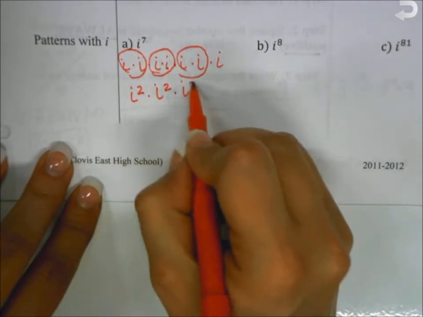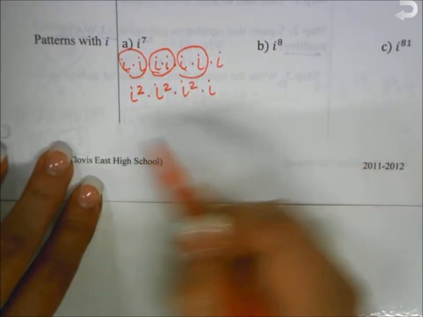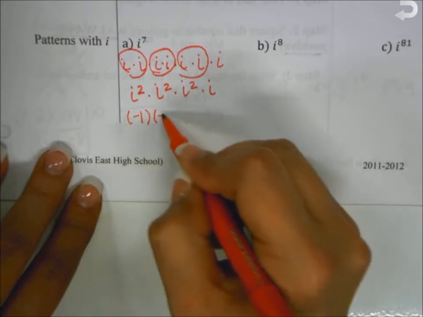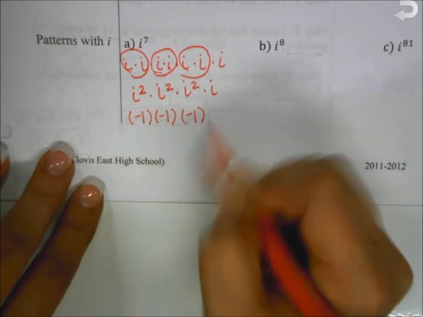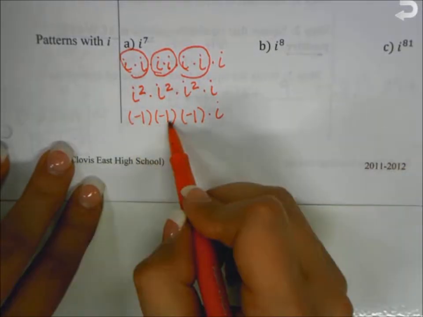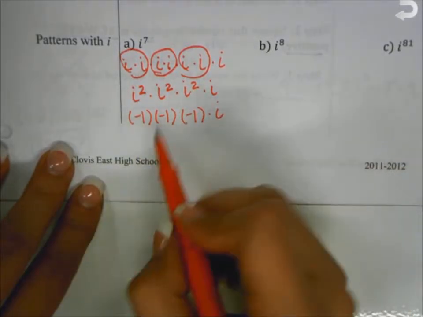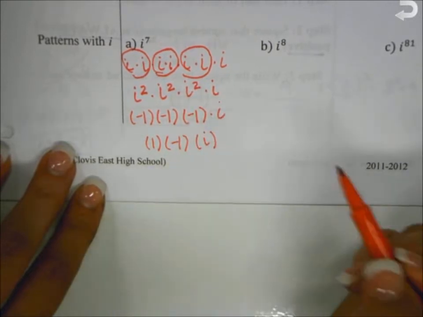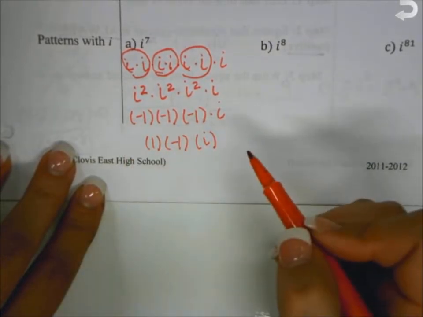Negative 1 times negative 1, positive 1, times negative 1 times i. Positive 1 times negative 1, negative 1. So that would be negative 1 times i. And what's negative 1 times i? Negative i. Good. Okay. So we get negative i.